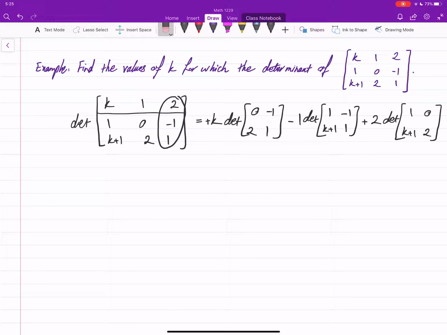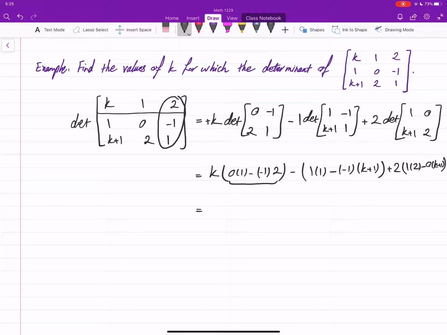Let's then find the determinants of the 2 by 2 matrices. This is 0 times 1 minus negative 1 times 2, minus 1 times 1 minus negative 1 times k plus 1, and the last one is 1 times 2 minus 0 times k plus 1. And this gives us what? This first one is just 2, so this is 2k.